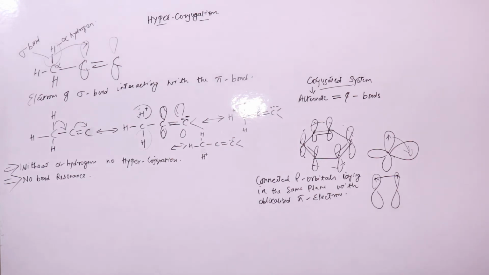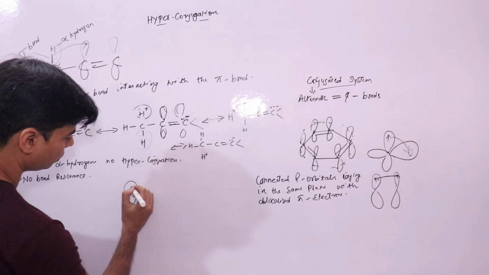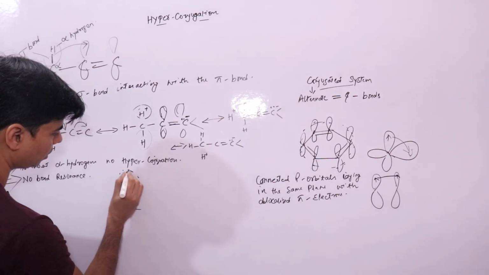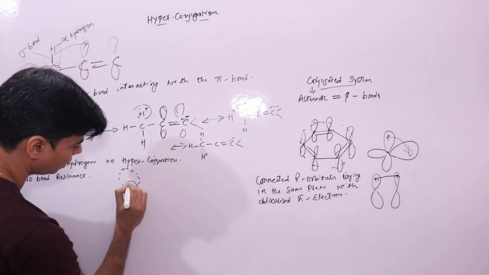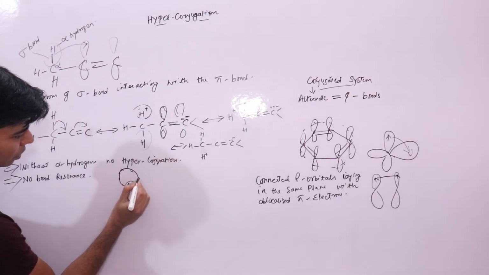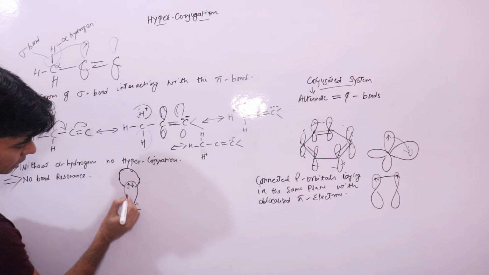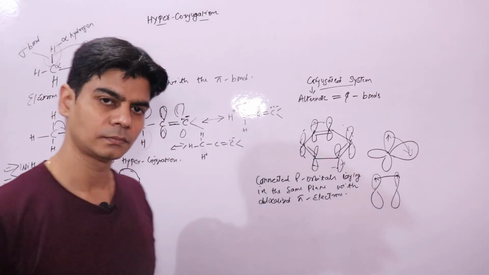Now let's look into its orbital structure quickly. If you have carbon, this is how the bonding occurs. If you want to draw the orbital structure of the CH bond, this is how it will look. This is the 1s orbital of hydrogen, and this is the sp3 hybrid orbital of carbon.